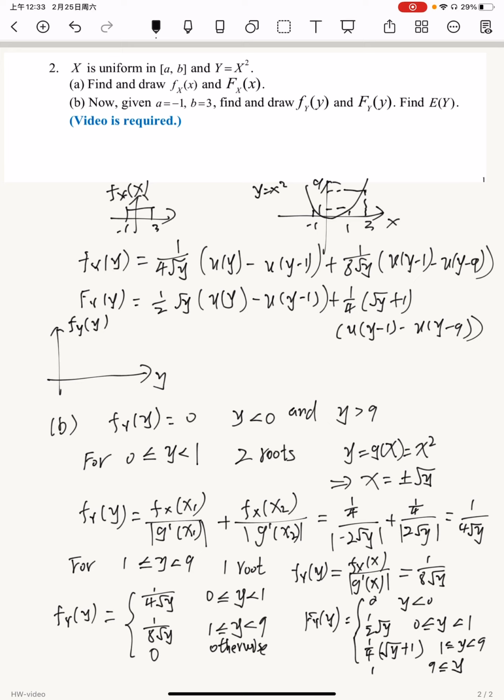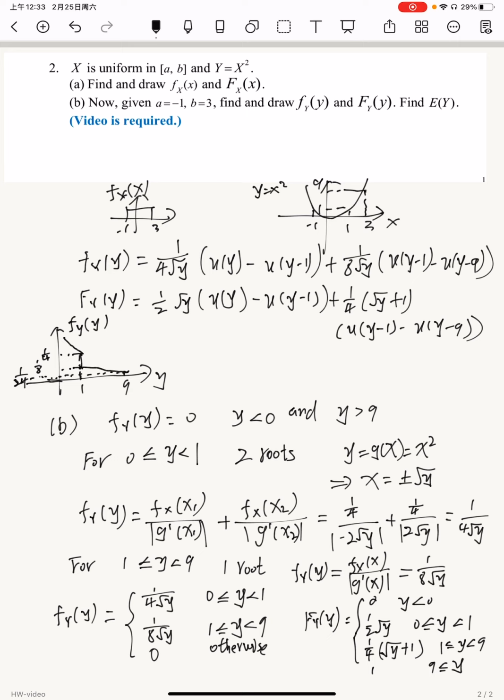From 0 to 1 the density is 1/4 root y, from 1 to 9 it is 1 divided by 8 root y, and at 9 the value is 1 divided by 24. So it is like this.